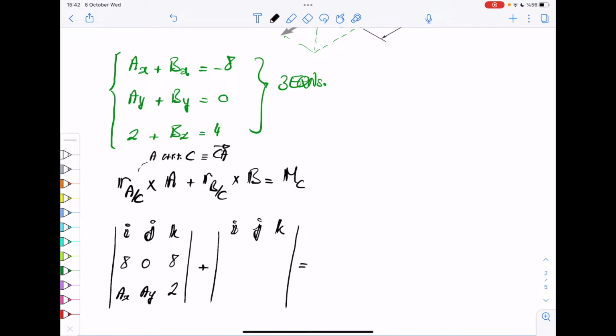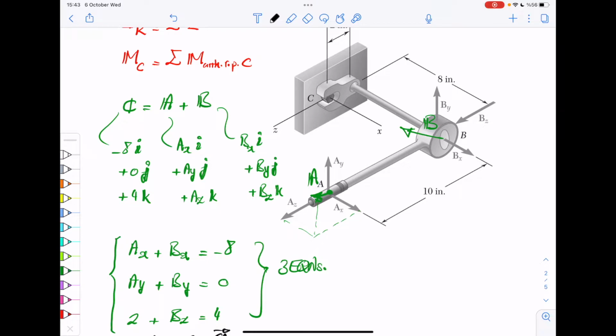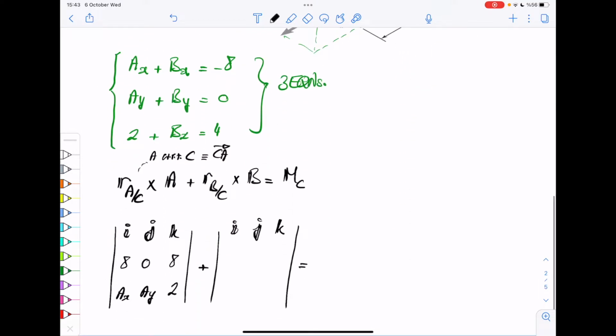And then you do the same thing for B. Again, if you just look at the picture, you can see you go 2 units backwards in Z, and then you come 8 units forwards in X. So that would be 8, 0, minus 2. And that's exactly what we are going to write here. So this would be 8, 0, minus 2. And then you have BX, BY, BZ.